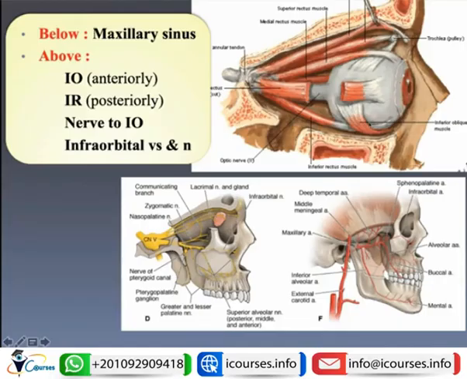So the inferior oblique will be the first one, then the inferior rectus. Then a branch from the oculomotor nerve supplies the inferior oblique muscle. It is called the nerve to inferior oblique and will also be situated above the floor, while the infraorbital nerve and the infraorbital artery, as you can see here, will also be located above the floor.